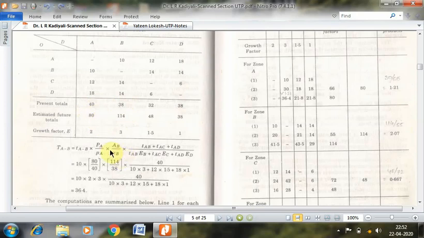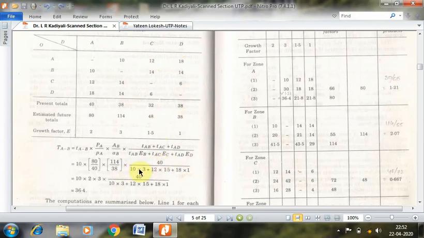Now once you have substituted these ratios, think about these elements. The present number of trips from A to B is 10, from A to C is 12, from A to D is 18. So 10 plus 12 plus 18 is 40. That comes in the numerator.